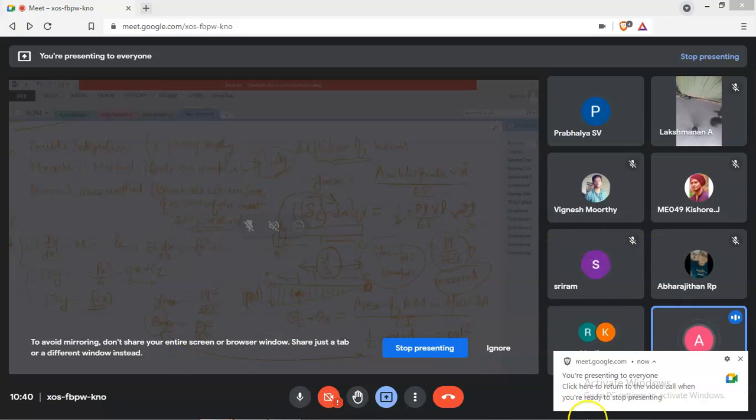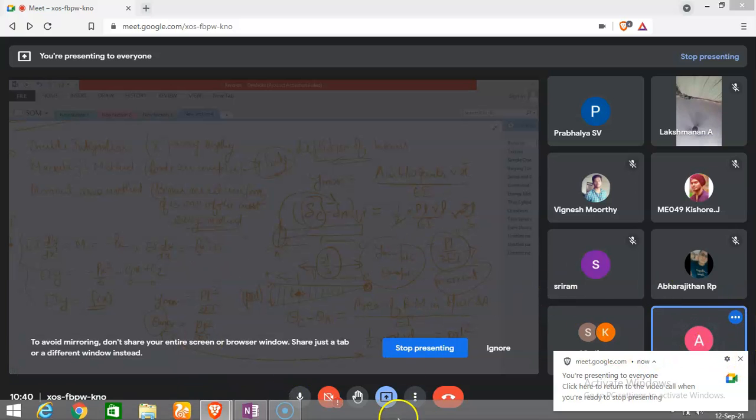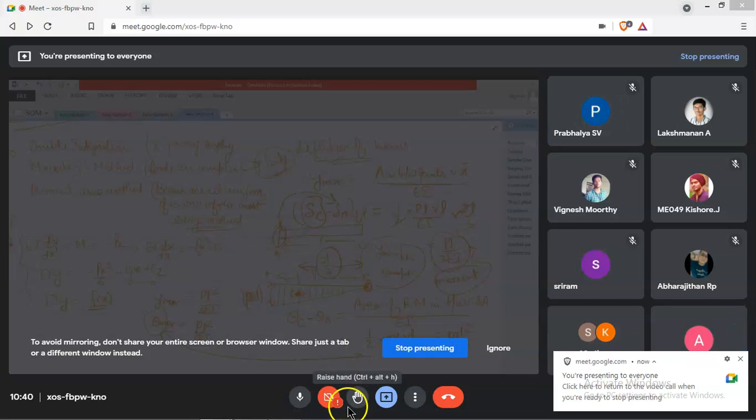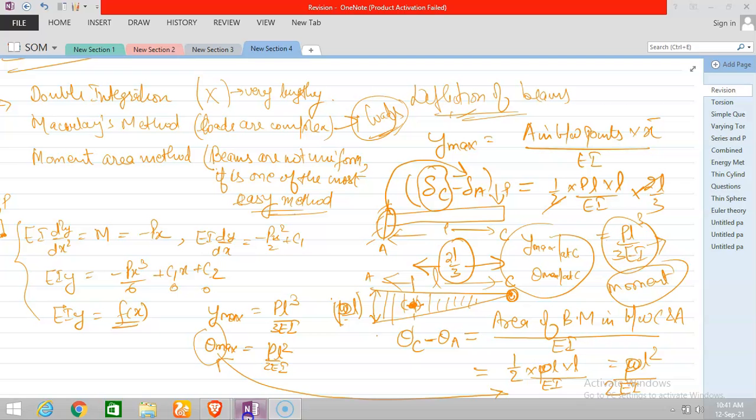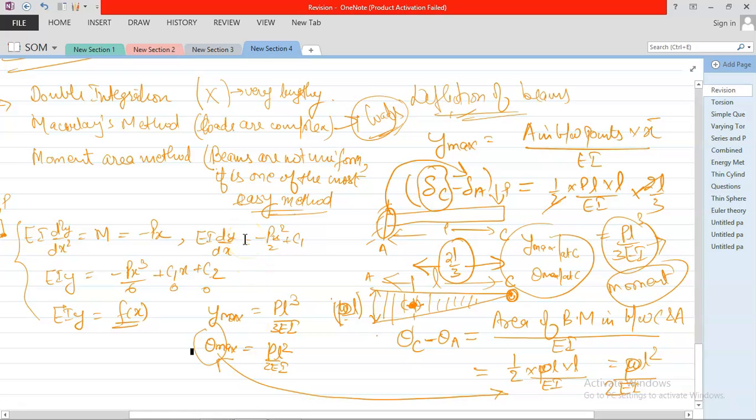Can anyone say how deflection of beams? So I move ahead, because after moving ahead, when you are solving questions, it will be difficult for you. So I'm asking.